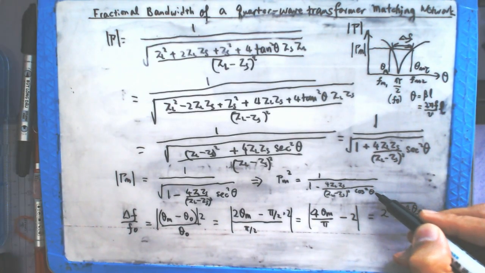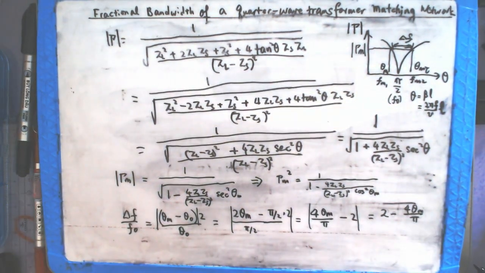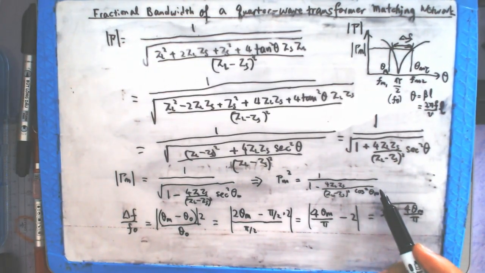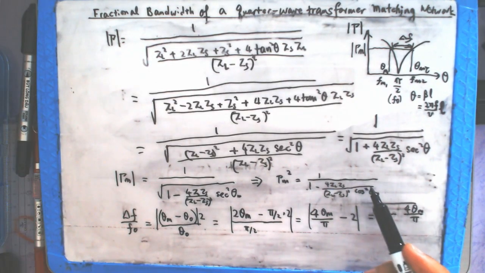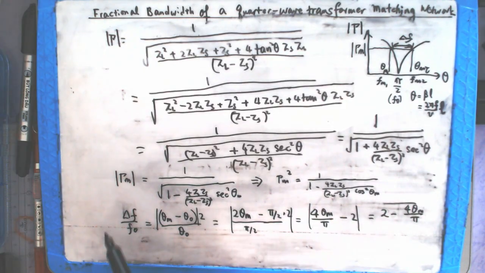So this is beta m. And it's not difficult for us to find the value of theta m. We just need a little bit of algebraic expression. So this one moves to the left.